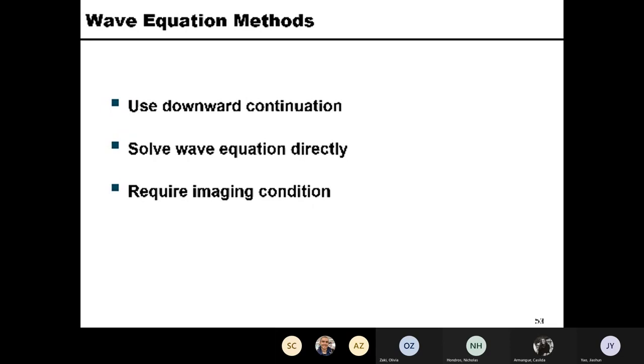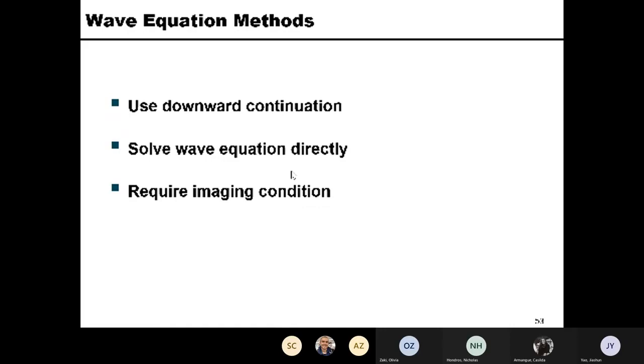Some terminology differs between authors. Maybe one of these elements is different, but most likely the way you solve the equation is different. So when somebody says migration uses a wave equation but calls it by a different name, most likely they just emphasize a different way to solve the equation.